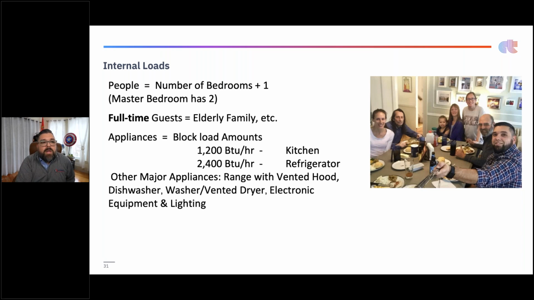All right. Another space when it comes to internal loads that I see a lot of people miss on is appliances. And they actually miss low because they tend to just add the scenarios that are built into the load calculation software. For instance, scenario number 1 is 1,200 BTUs per hour. And that's actually just enough for your kitchen. That's it.